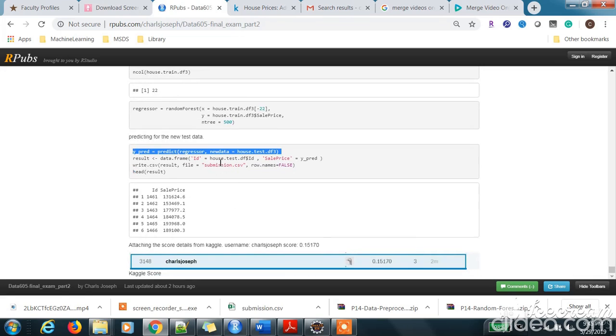Then I wrote it into submission.csv. Then I submitted the result data set in CSV format to Kaggle, and the score which I got is 0.15170.